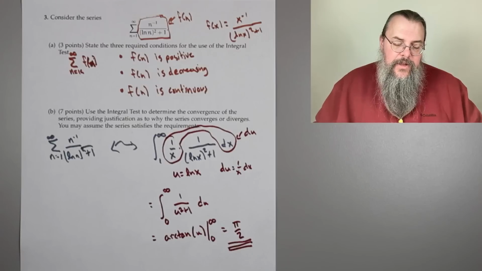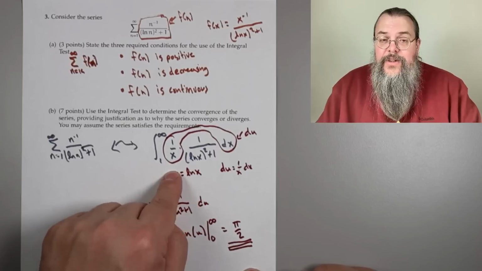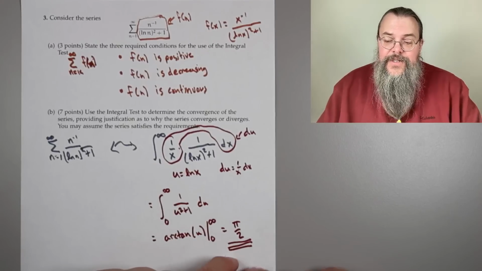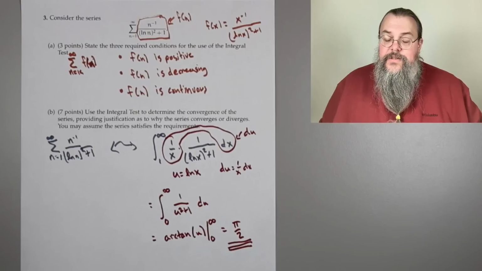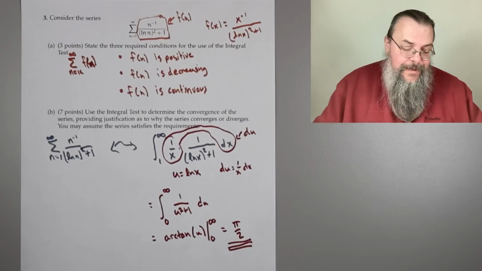And we say, well, we had the sum, we changed to the integral, and the integral converged. And so here's the punchline. They have the same behavior, not the same value.